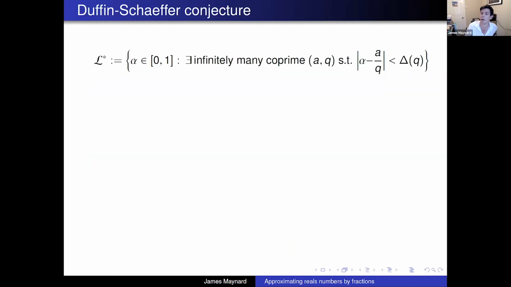And so they then considered a set which I'll call L star, which is exactly the same thing, but instead of looking for pairs of integers a and q, I want to ensure that a and q are coprime now. So I'm just looking at reduced rational approximations to alpha again, up to an error delta q for an arbitrary function delta.